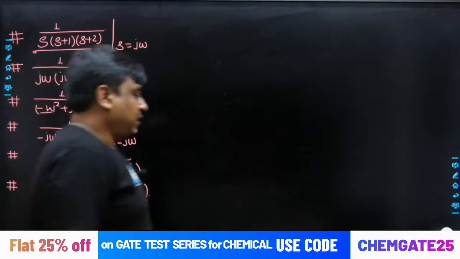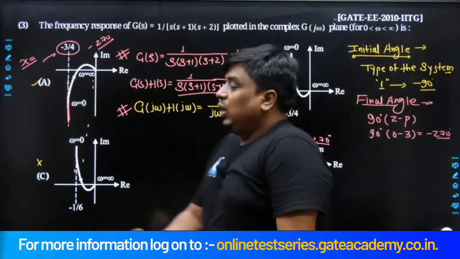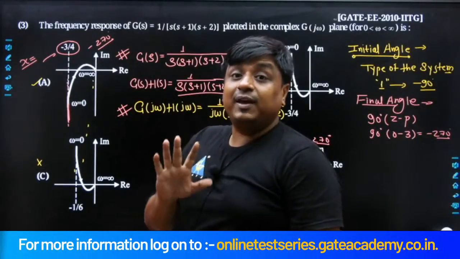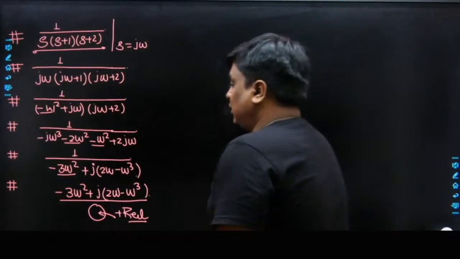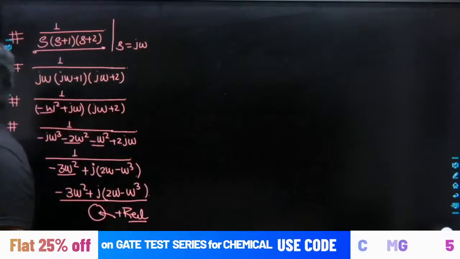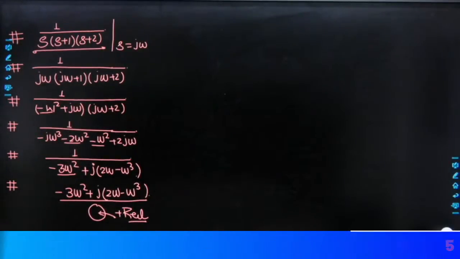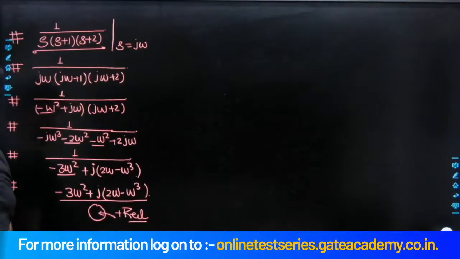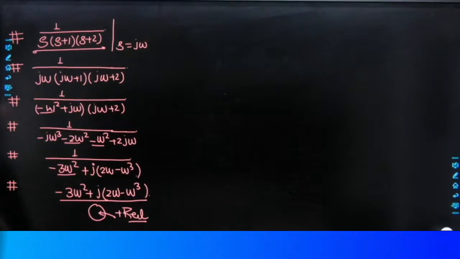And one thing if you would like to understand: when omega had been 0, what had been the conclusion over there? And similarly, what had been the real part and what had been the imaginary part? From there, you had to find its real as well as imaginary part.